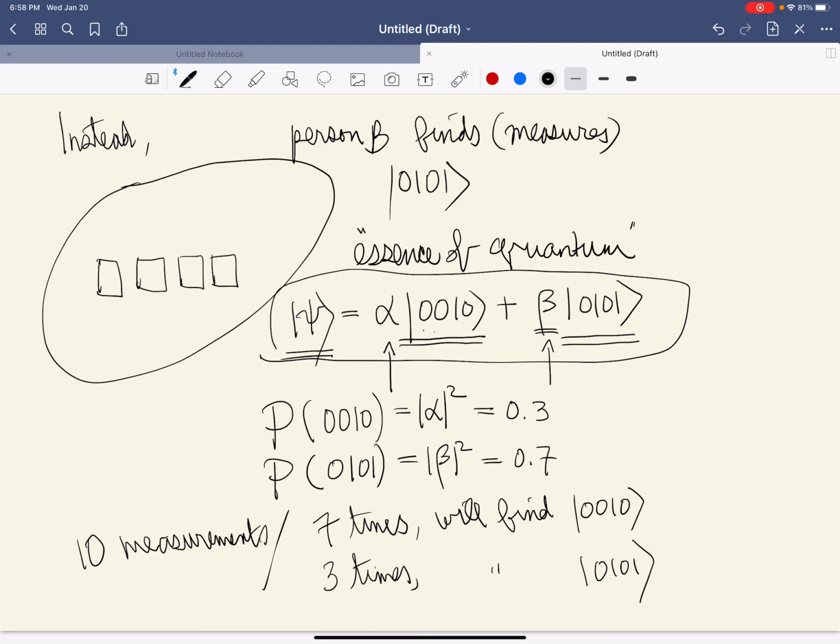So the inconsistencies in the reading of a classical measurement is due to errors, or maybe we were just not being careful enough with the way we were measuring things.